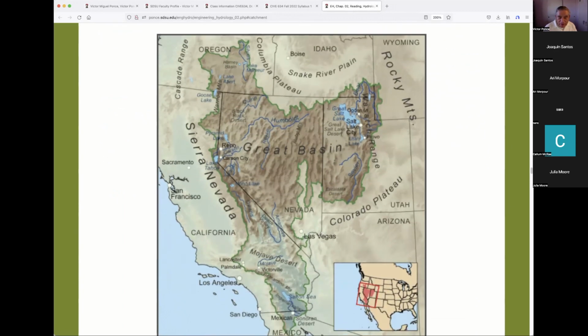I just put this figure in this morning because I felt that I needed a better figure for the Great Basin. This is the Great Basin. As you can see, it covers, I read this morning on the web, about 90% of the state of Nevada.